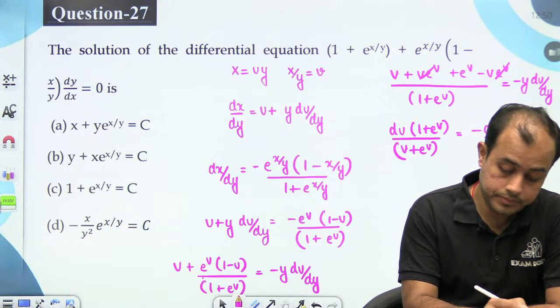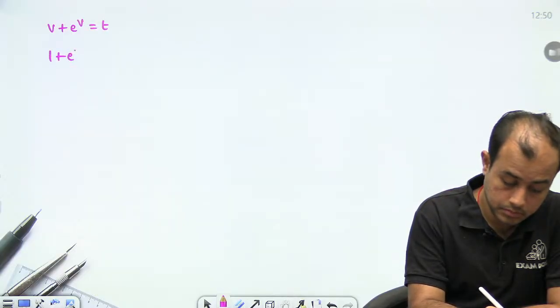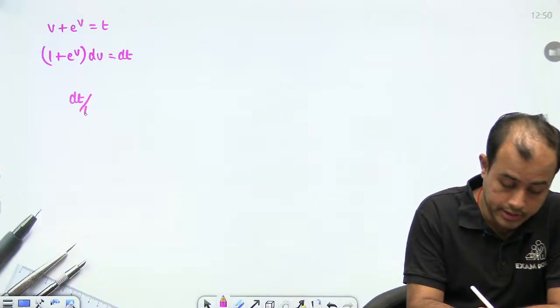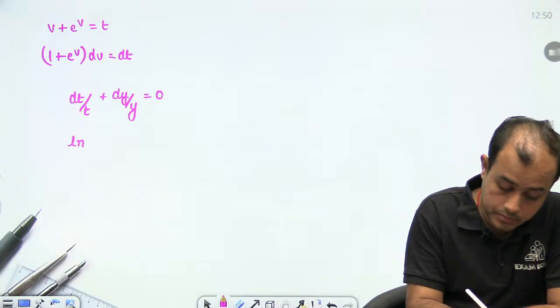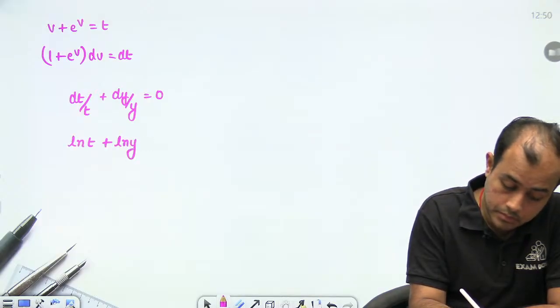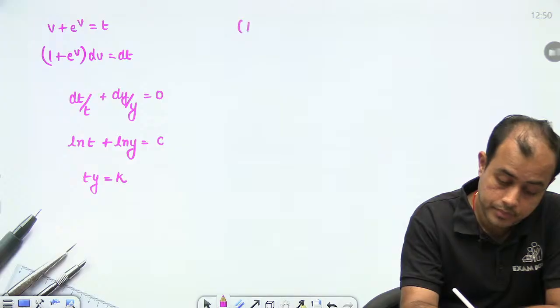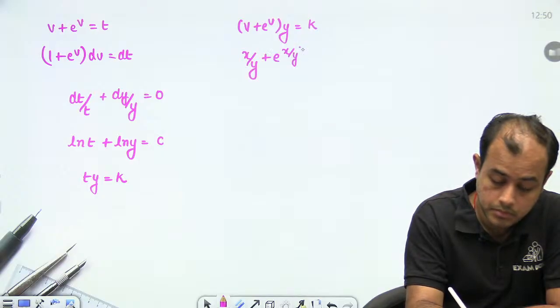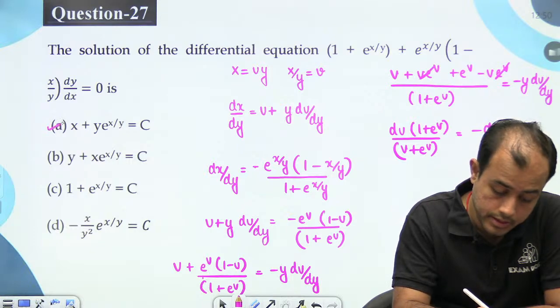Now if you assume, so dt upon t, dy equal to k. x plus y e की पावर x upon y.